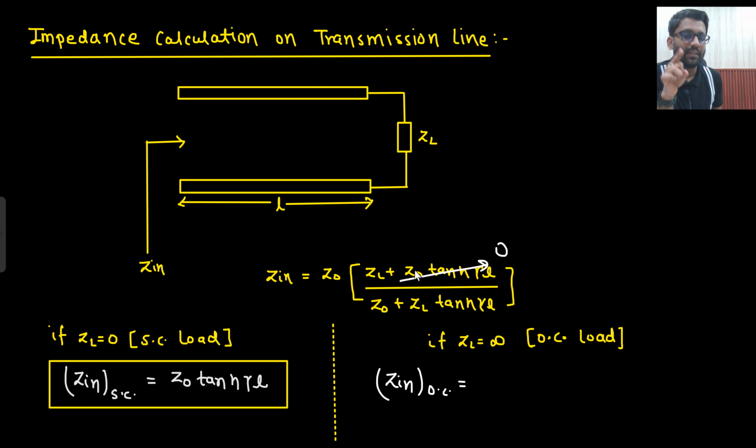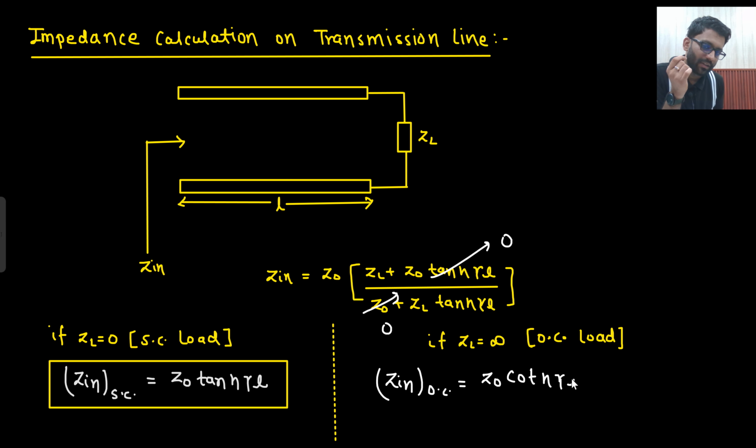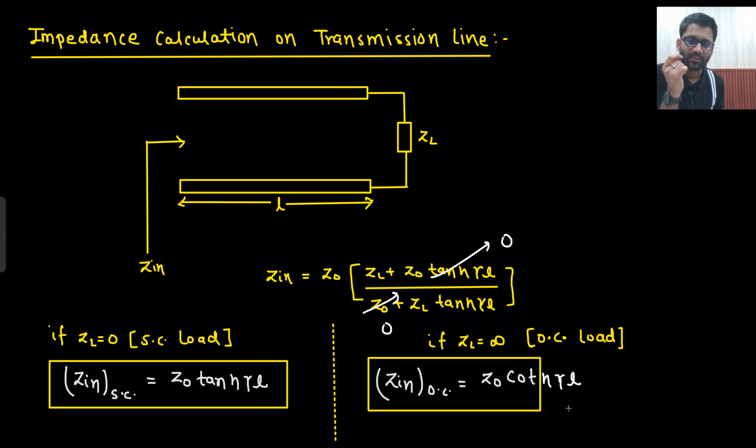ZL is infinity, so I can ignore this term. It goes to 0, and ZL gets cancelled. So what is the answer I am getting? Z0 upon tanh gamma L, which is Z0 coth gamma L. This is your Zin open circuited.